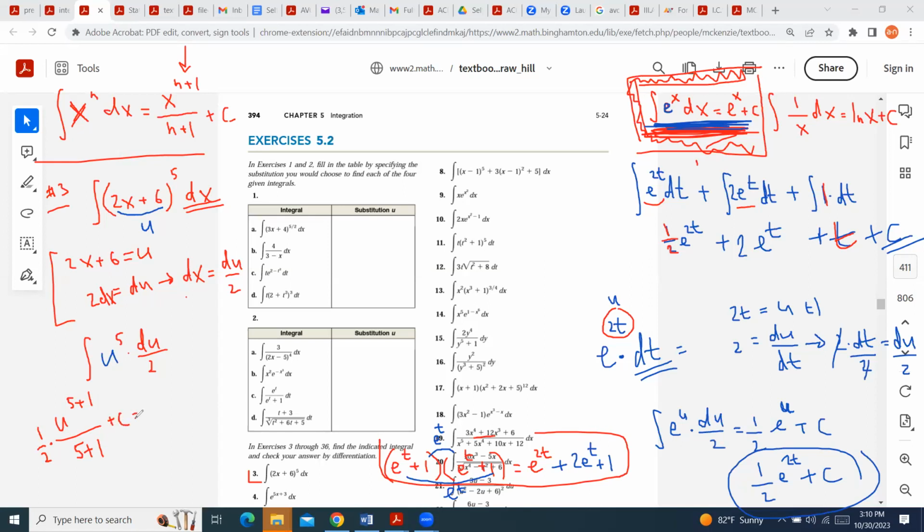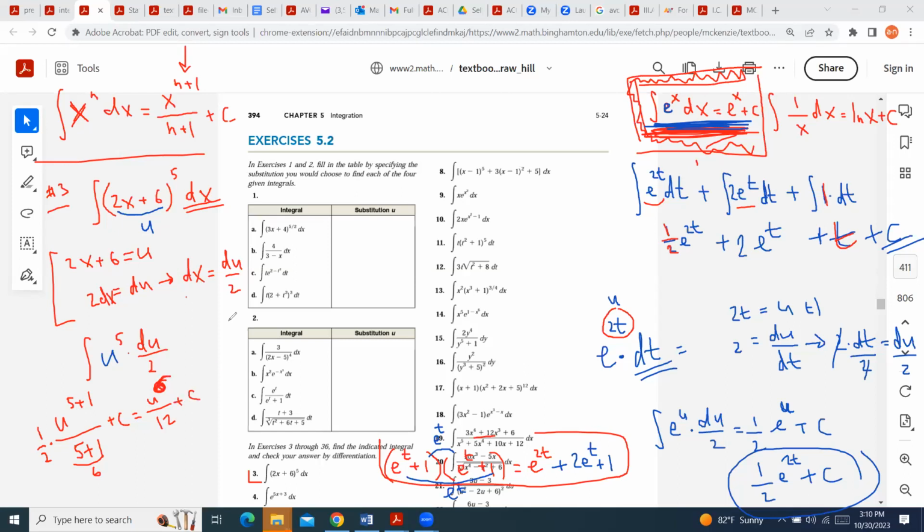So it looks like we're going to have 6 here on the bottom, right? So 2 times 6 will be 12. And instead of u to the power of 12, sorry, it's u to the power of 6, right? I produced 12 because I had to double it because of 1/2.